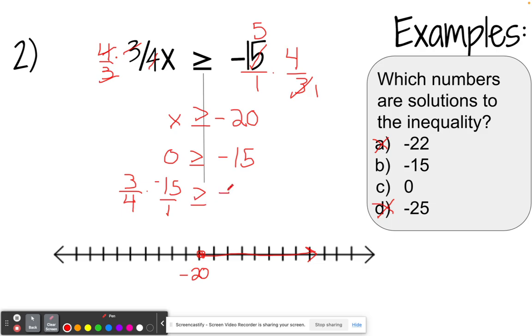However, I have nothing I can simplify. So negative 3 times negative 15 is negative 45. 4 times 1 is 4. If I divided that, I would get negative 11.25, or negative 11 and 1/4. Is negative 11 and 1/4 greater than negative 15? Yeah, it is.